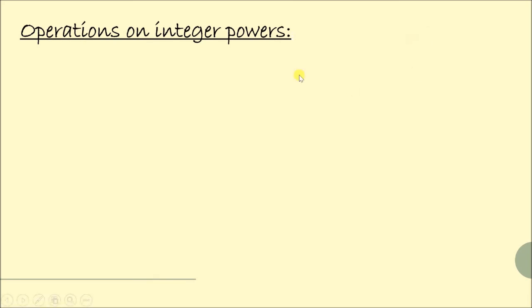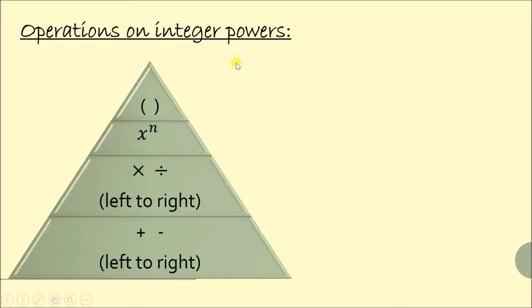Operations on integer powers. I know before that if I have many operations in the same equation or problem, I have an order to follow. I will solve the parentheses first and then the power, and after that multiplication and division.